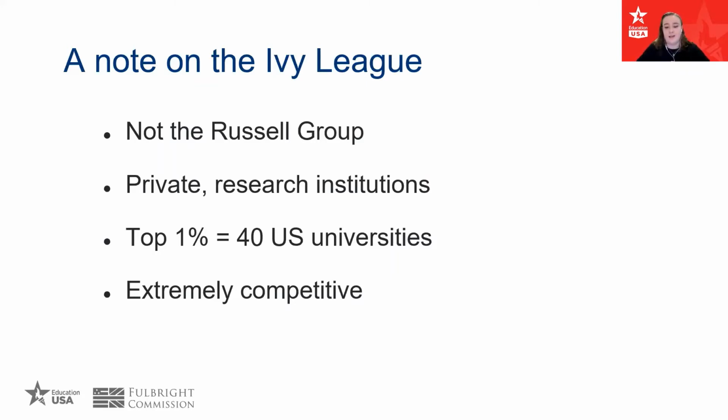And only 0.4% of undergraduates attend one of the Ivy League institutions. So just something to bear in mind. And, you know, obviously Ivy League institutions are excellent institutions, but they're not the only excellent institutions by any means that are available to you in the US.